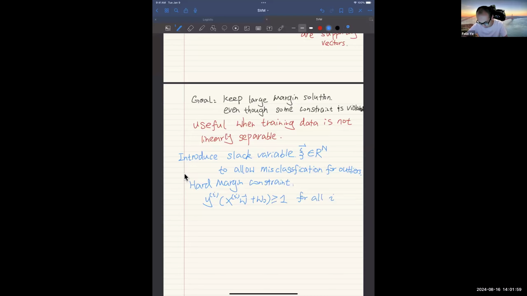Now I'm going to relax this constraint, and the relaxed constraint becomes the soft margin constraint.